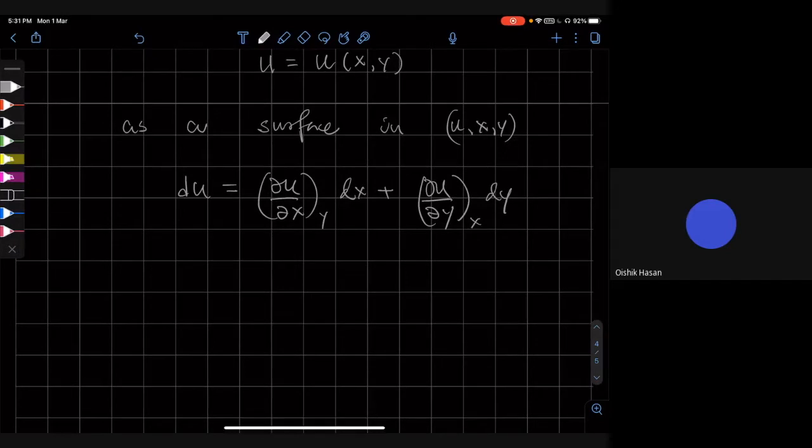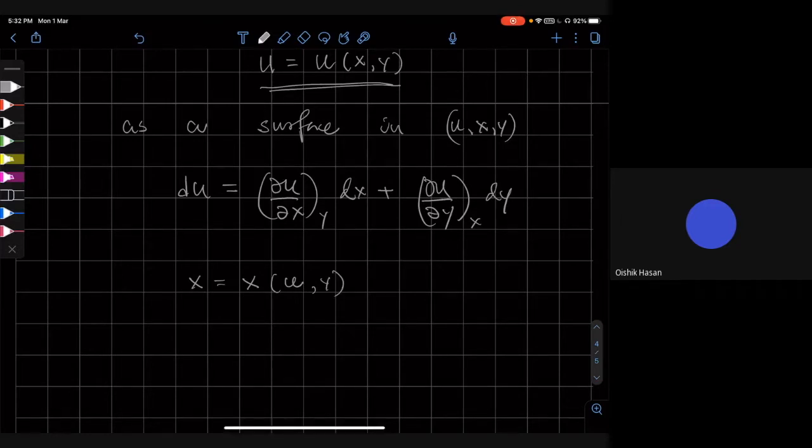What we can do is invert this function. It may be that to invert this function, we have to restrict the domain because of issues of double valuedness and stuff like that, but we're going to gloss over those subtleties here. We can invert this function and express x as a function of u and y, right?